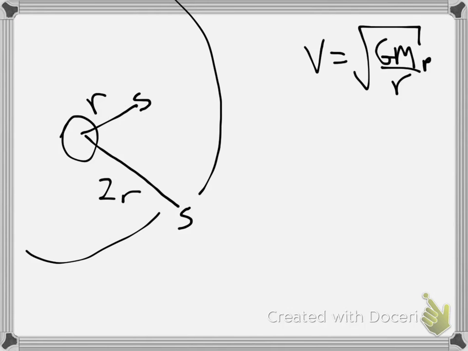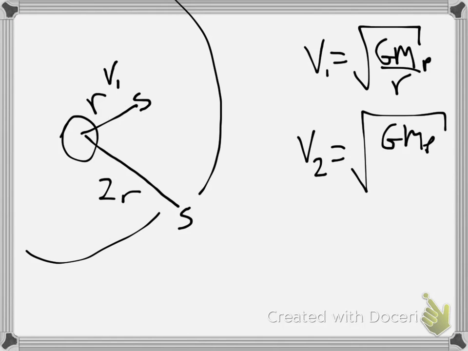So this velocity here, that's v1. So v2 is the square root of big G, mass of the planet, over 2r. Okay, so that's the new velocity, the velocity it needs to stay at that height.